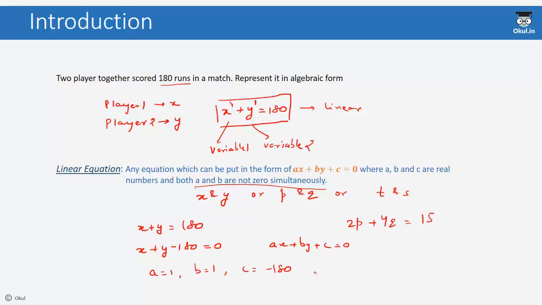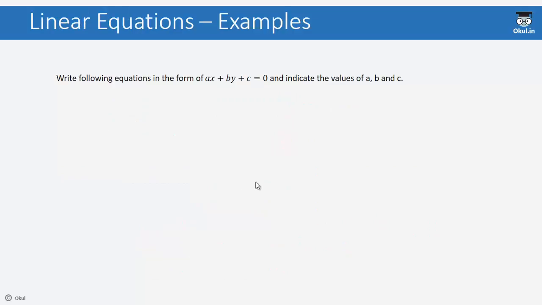Now let's solve one more problem to clear the concept. Write the following equations in the form ax plus by plus c is equal to 0 and indicate the values of a, b and c. I can write the first equation as 3x plus 2y minus 9 is equal to 0.